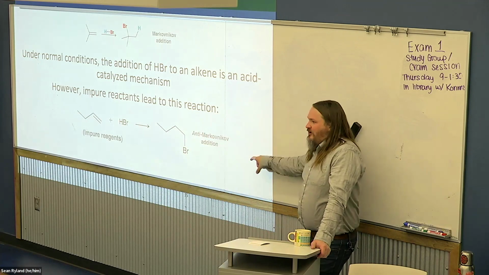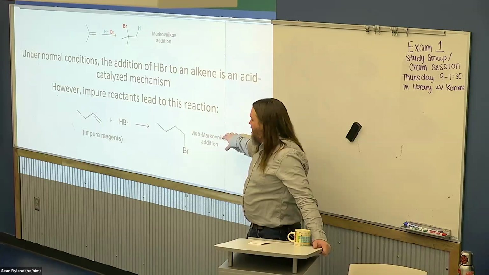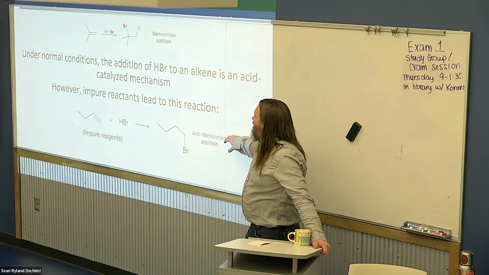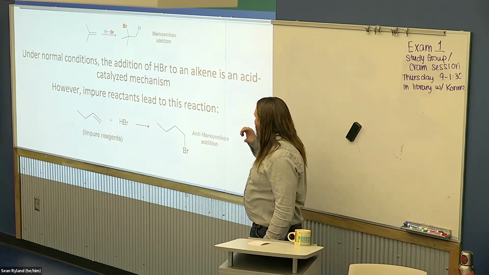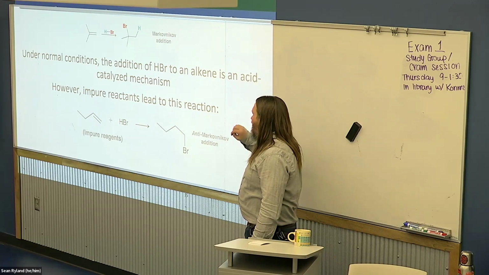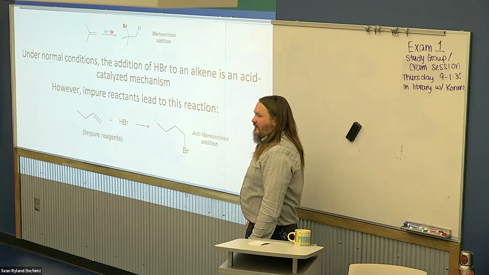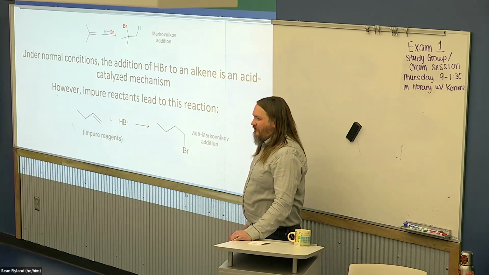Eventually, though, they kept trying. They kept getting this product really consistently. I don't know if they were in contact with Markovnikov or if they figured it out on their own, but they came to the conclusion, well, let's order a fresh bottle of HBr. When they got a fresh bottle of HBr from a different supplier, they got the Markovnikov product.